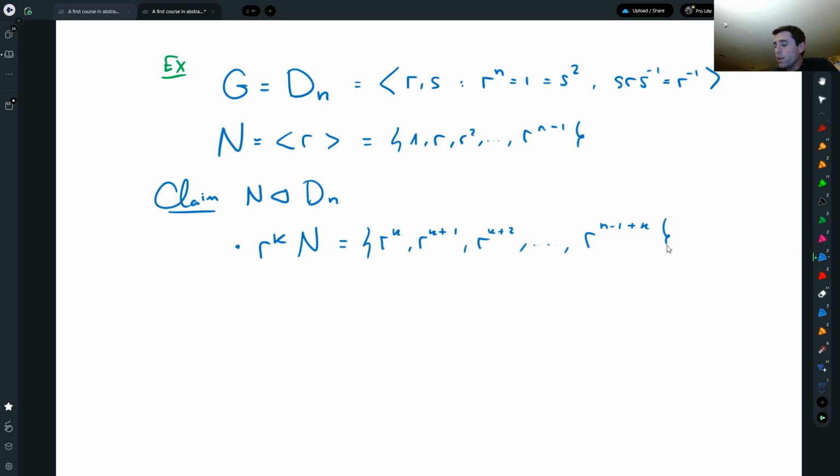But at some point I'm going to hit r to the n, which is the identity, and then r, and so on. So this is just the group itself. And I get the same thing if I multiply on the right, exactly the same group. So that is given.